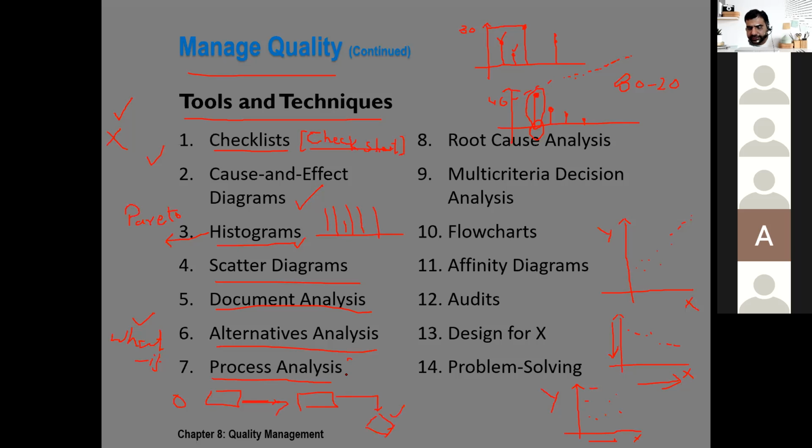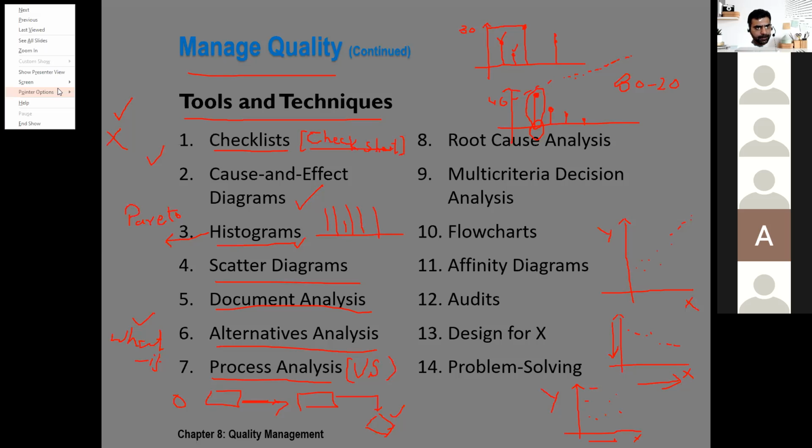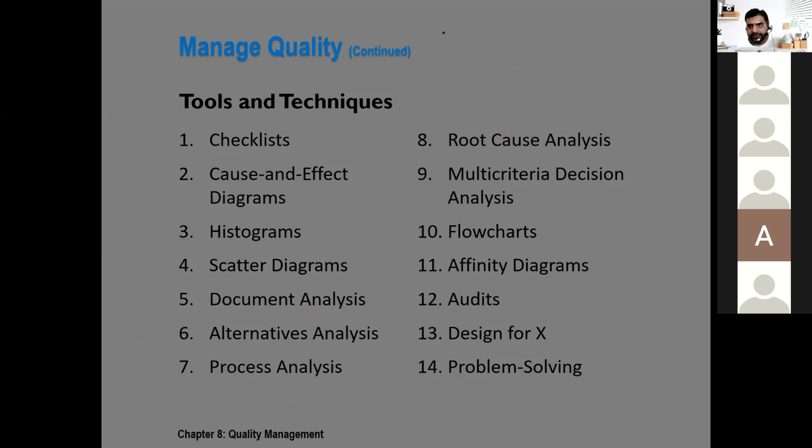In fact, there is one specific type of process analysis. We call it value stream analysis. Just give me a second. I'm just erasing everything. Value stream analysis says that if this is our process, we analyze it so that we can find out its efficiency.